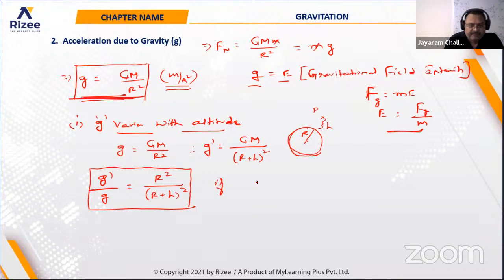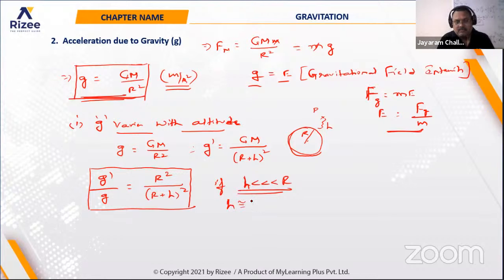If H is very much less than R, for example, if H is somewhere around 500 or 600 kilometers, almost up to 500 kilometers, compared to R equal to 6,400 kilometers, then you can consider H to be a very small value.